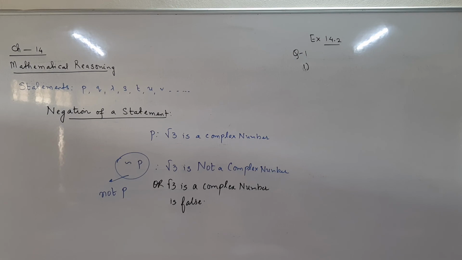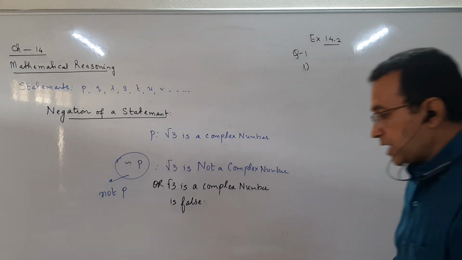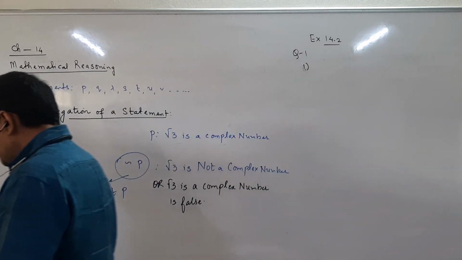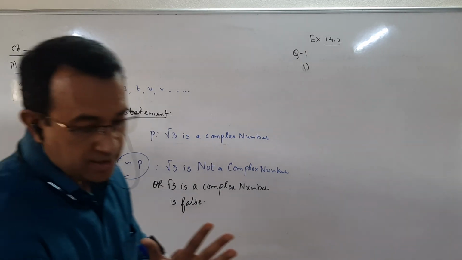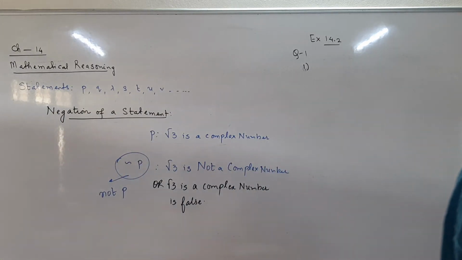I told you, it has two options, either less than or equal to. And last, every natural number is an integer. That is the given statement. Its negation will be every natural number is not an integer.